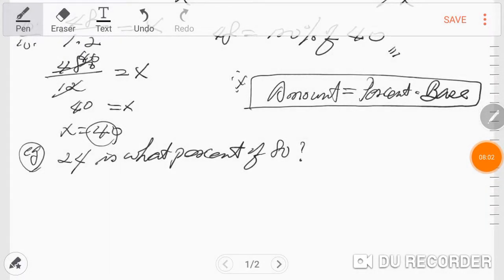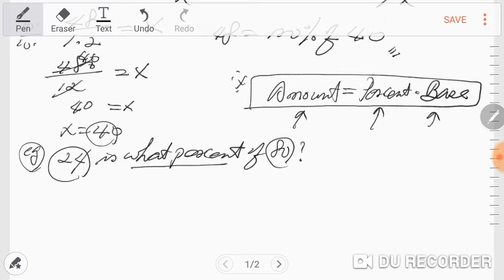Okay, this expression is 24 is what percent of 80. 24 is the amount, what percent is this part, and the base is 80. So in this case, the amount and the base are given, and we will find this percent.